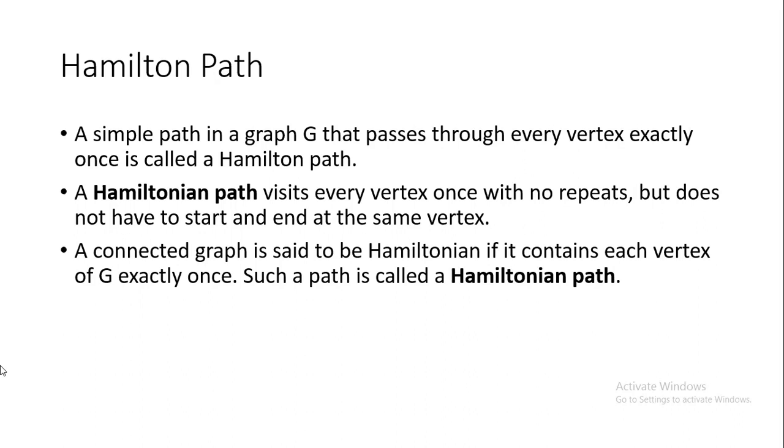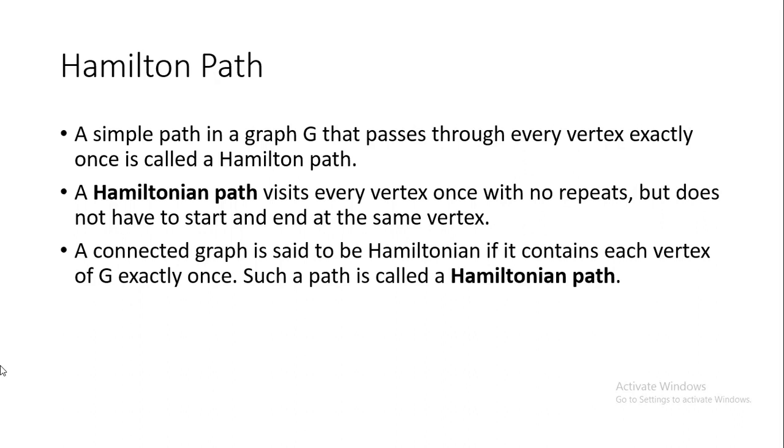So this is the definition of the Hamiltonian path. This is the difference from the Euler path, because in the Euler path you have to visit every edge, but in the case of the Hamiltonian path you have to visit every vertex exactly once.